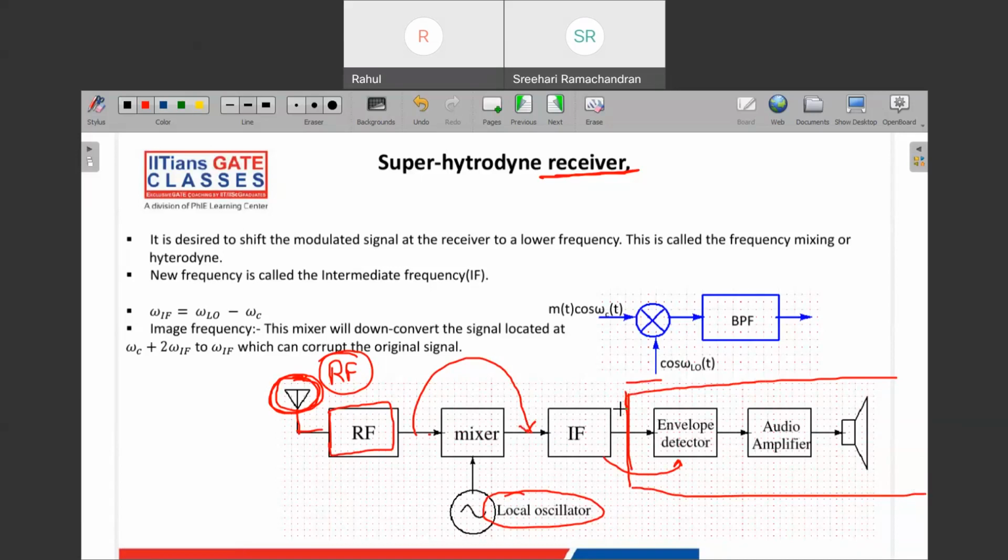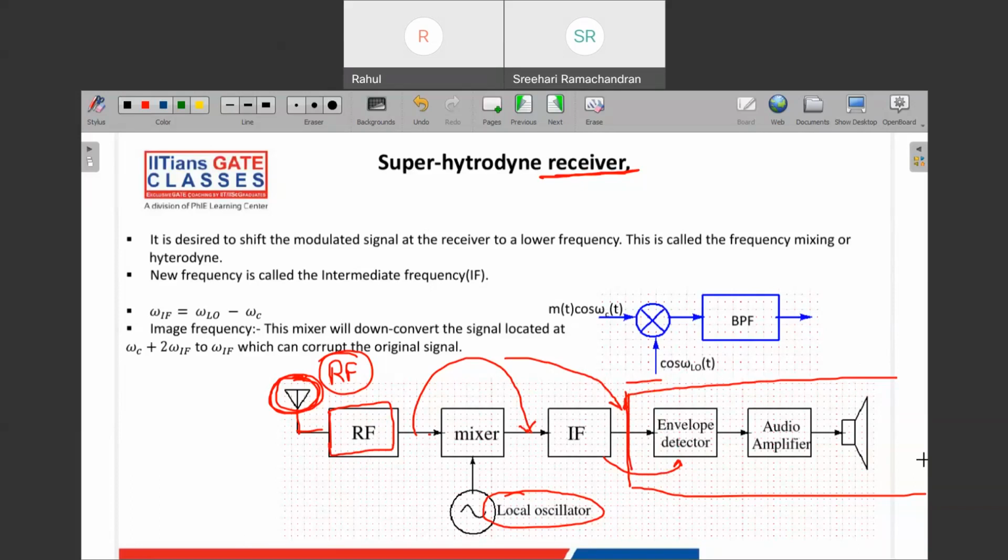Till this point, it is independent of whether it is AM or PM. Here you have the RF, which can be somewhere in gigahertz. After the mixer, you have the IF, the intermediate frequency, which can be some hundreds of megahertz. After that, it goes to the typical detection technique.